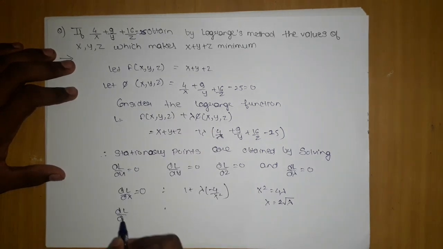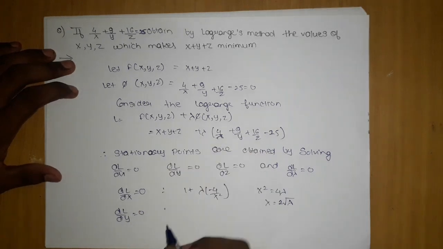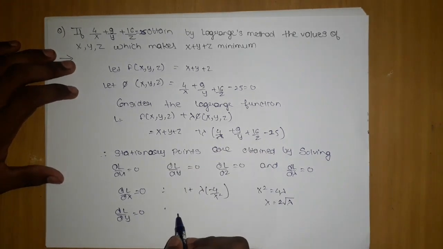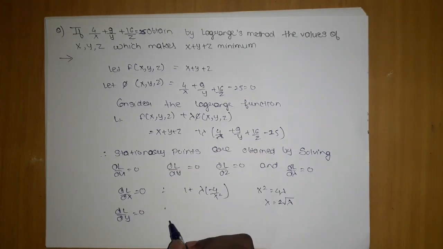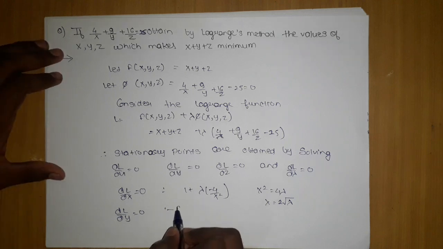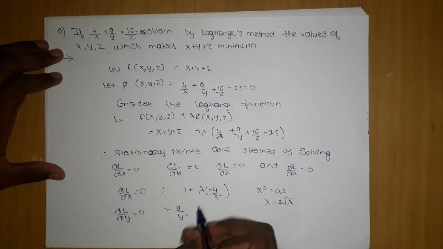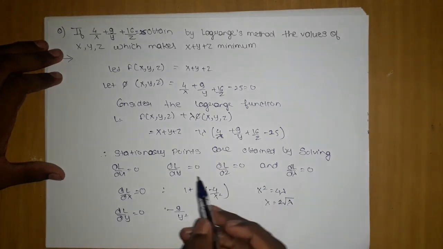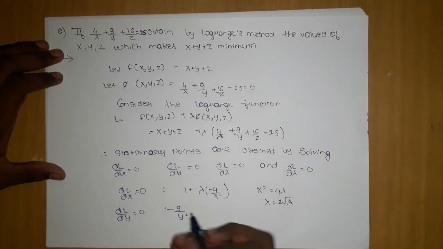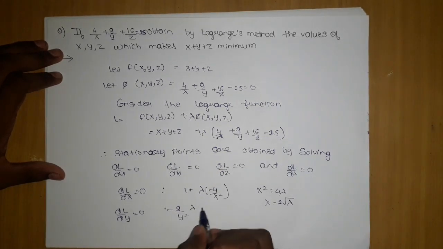Okay, and if I do it here, dou L by dou y equal to 0. If I differentiate it, it is nothing but minus 9 by y square, and I differentiated this one into lambda, and this one which will be 1.